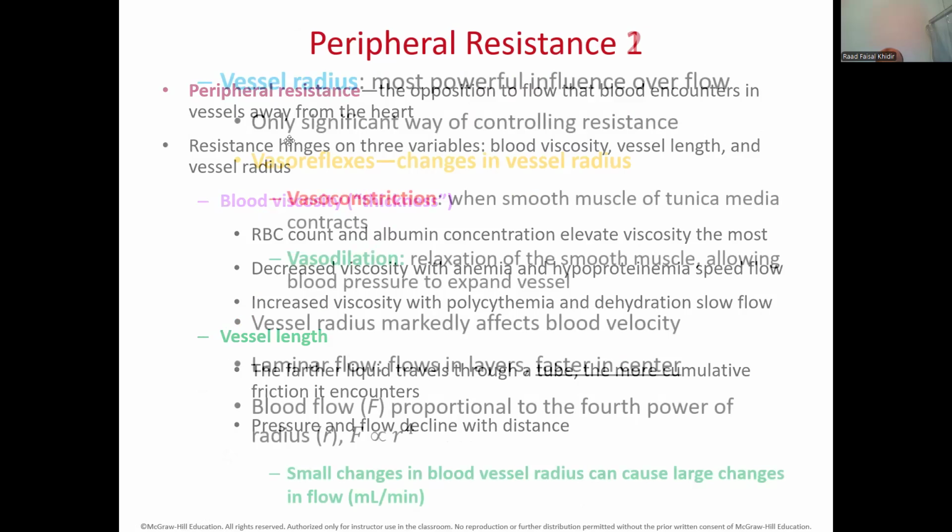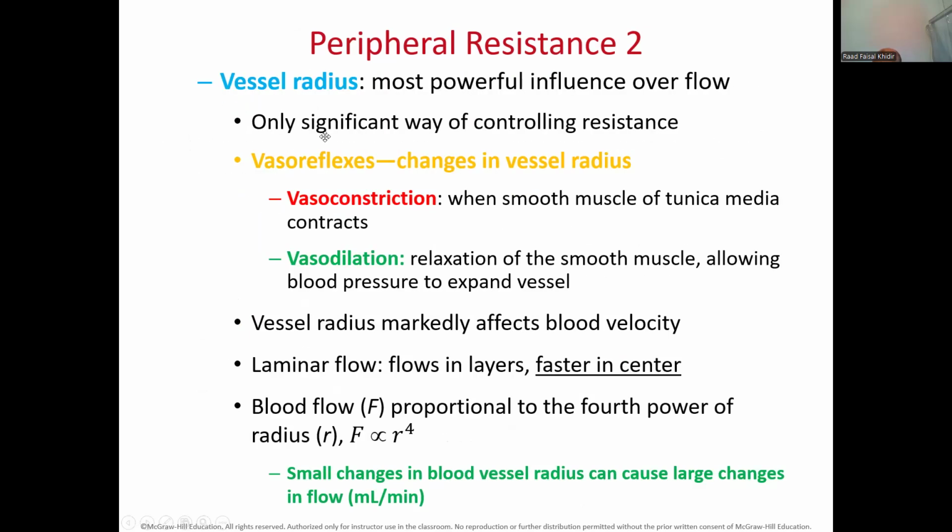Lastly, the radius. We talked about that. Flow is proportional to the radius to the power of 4. Isn't that interesting? Doubling the radius is going to increase the flow by how much? 2 to the power of 4. How much is that? 16 times.